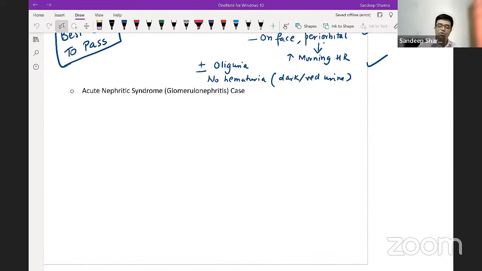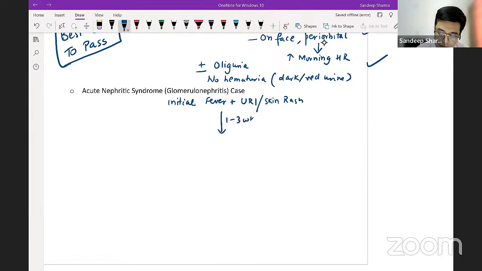Now, regarding acute nephritic syndrome, the history will be very typical. There will be initial fever along with URI symptoms or a skin rash in the patient. And then about 1 to 3 weeks later, the child will develop generalized swelling in the body.